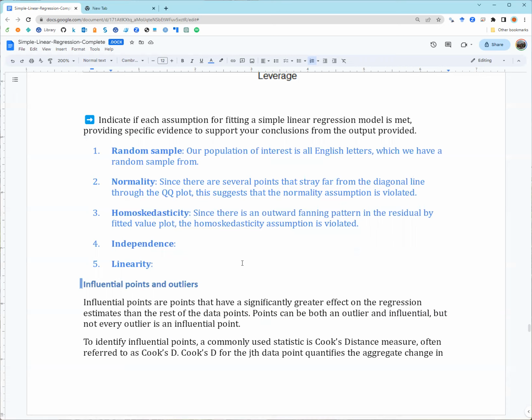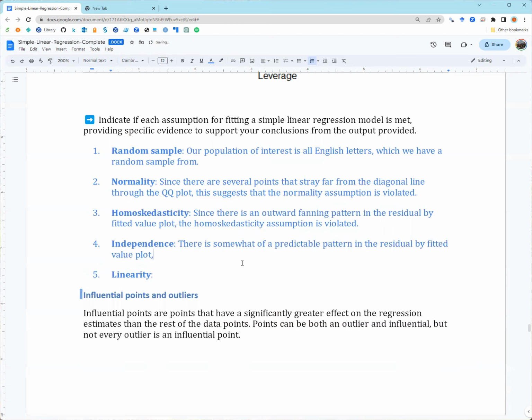For independence, there is somewhat of a predictable pattern in the residual by fitted value plot. So the independent errors assumption is, we're kind of riding the fence here. We're just saying it's questionable.